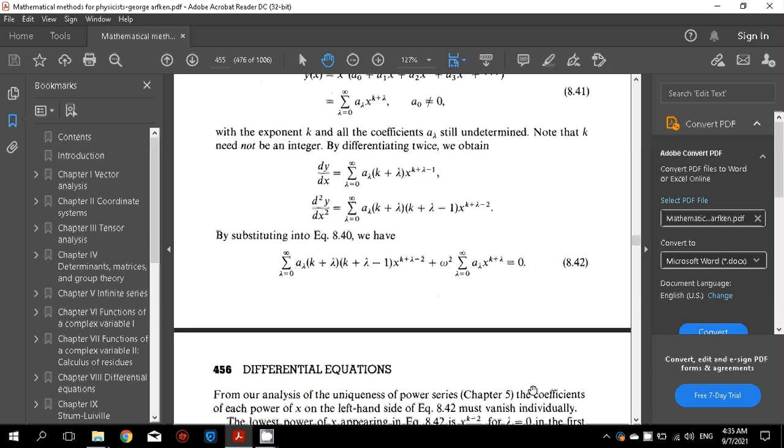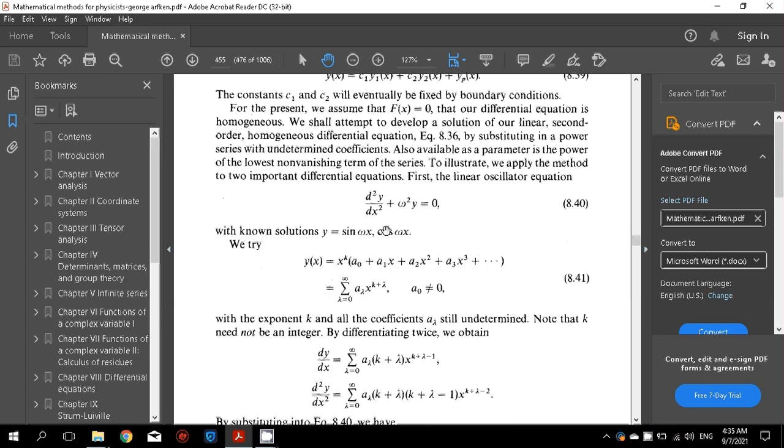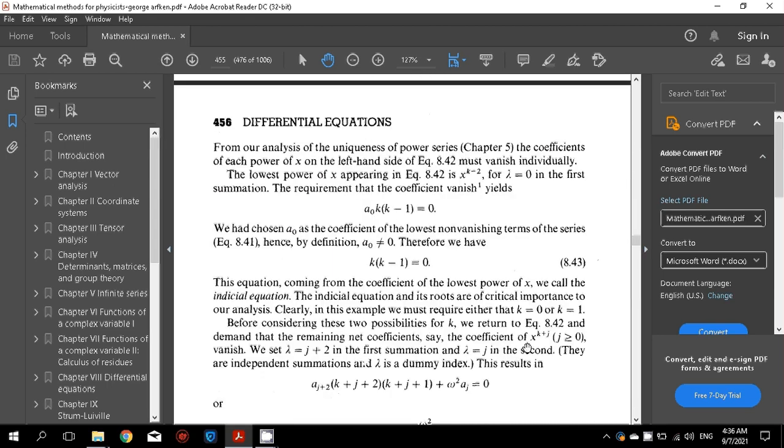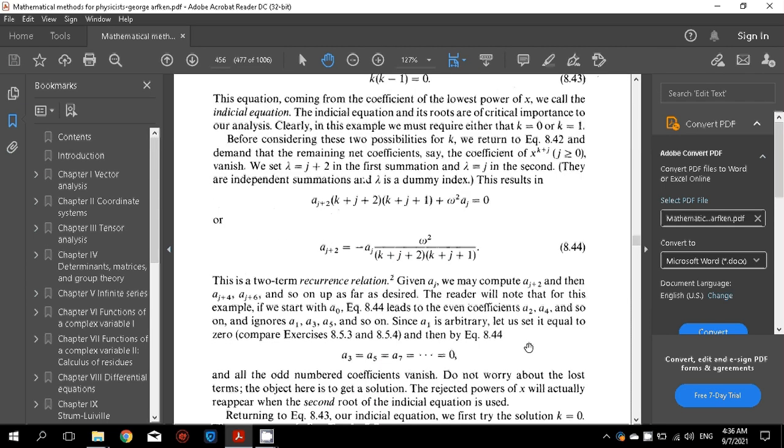So in your equation, you take lambda equal to j, and when you substitute these values of y, y dash and y double dash into your equation, you will end up with this equation, the comparison of the general power of x from the first term, from the second term, and the right hand side is 0.